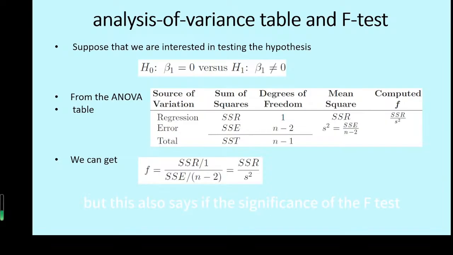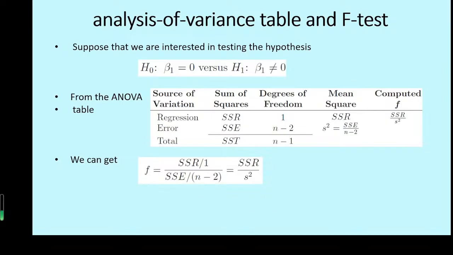This also tells whether the F-test is significant, which means the combination of these independent variables has explanatory power for the model to estimate the dependent variable. So this is the common summary for the F-test.